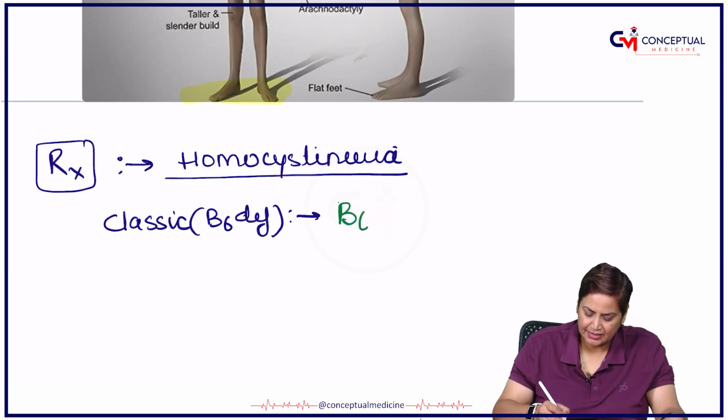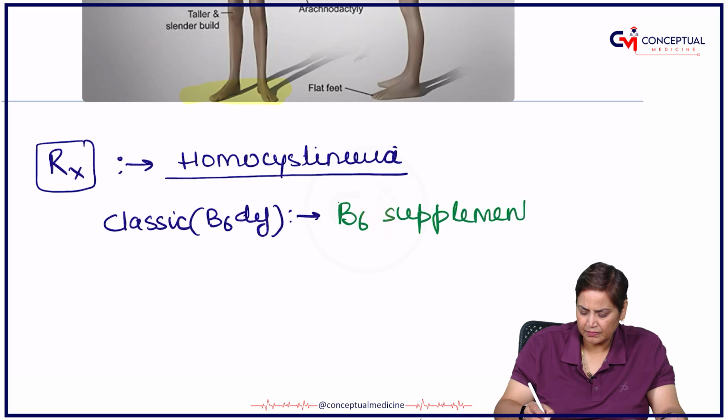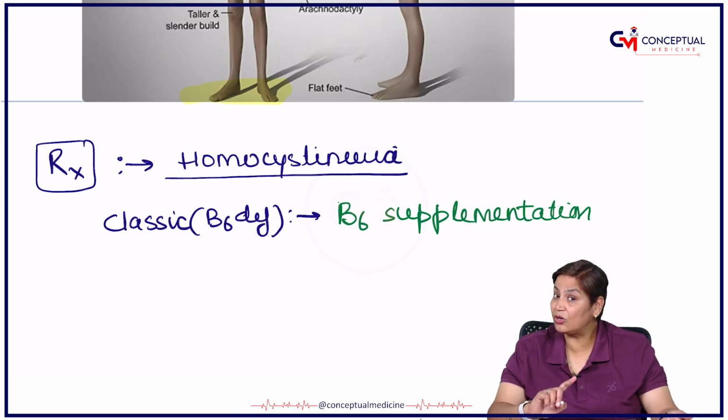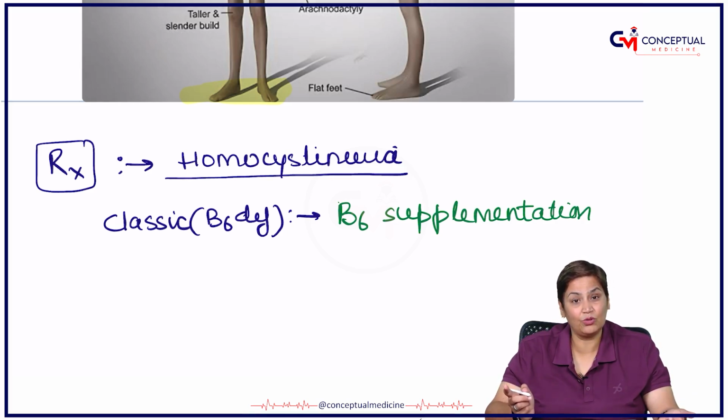So that at least cysteine can be produced, because if cysteine is not produced, cystine will not be produced and concentration of homocysteine will increase.